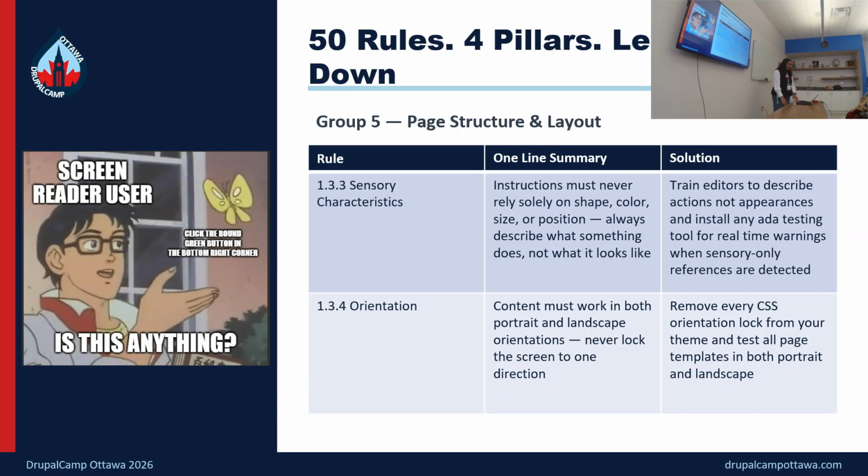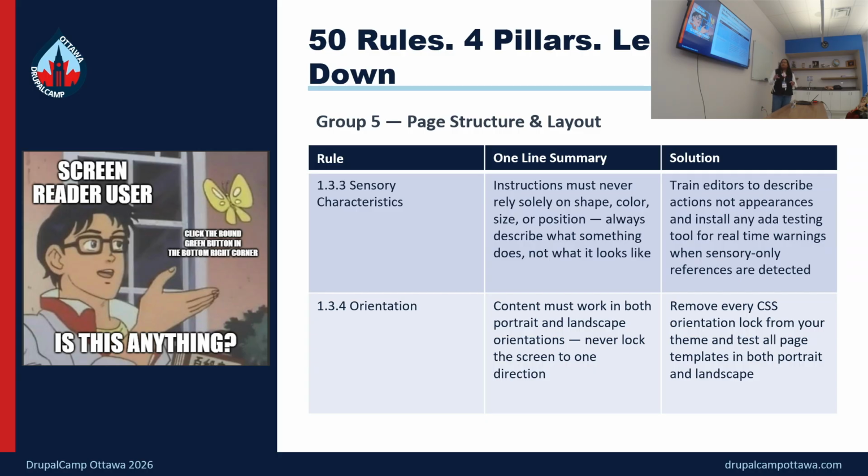The next is 1.3.3, sensory characteristics. Instructions must never rely solely on shape, color, size, or position. Always describe what something does, not what it looks like. We don't want to tell the end user to click on the green button, because a person who is not able to perceive color might not be able to see the green button.